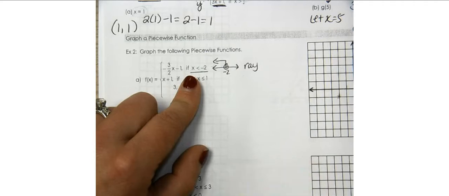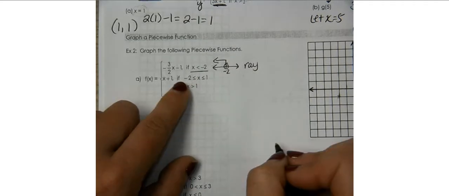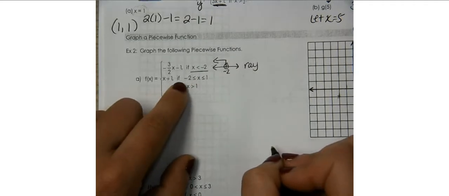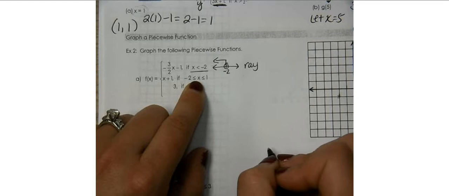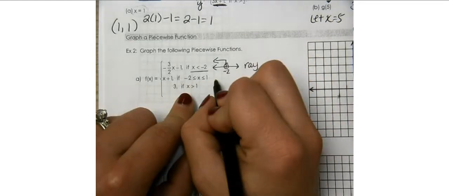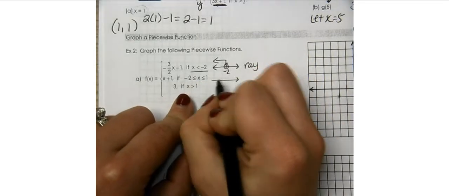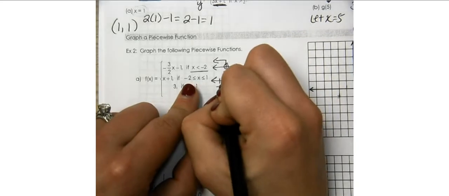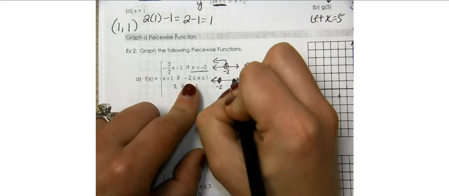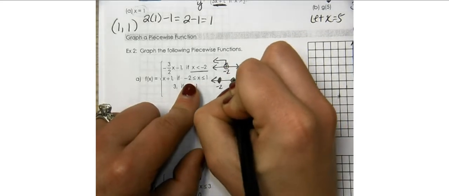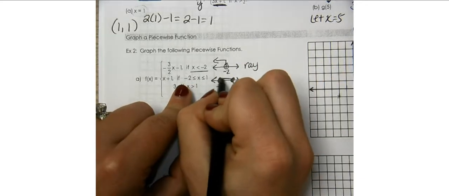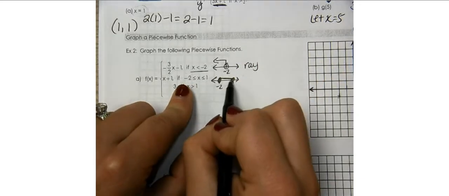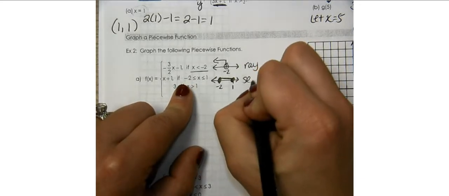In our next piece, we have x plus 1, which happens if negative 2 is less than or equal to x, which is less than or equal to 1. If we were to graph the domain on a number line, negative 2 would have a closed circle, 1 would have a closed circle, and we would be shading all of the values in between. We have 2 endpoints in this case, and this is an example of a segment.